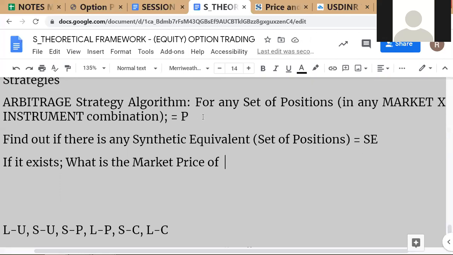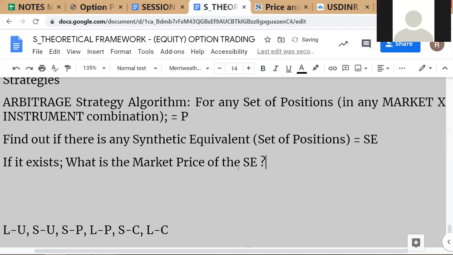Now, because we are going to use a bit of mathematical symbols, if it exists, what is the market price of SE?